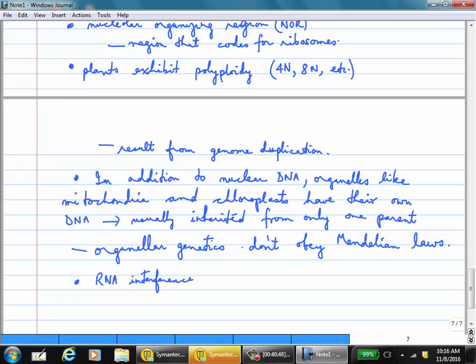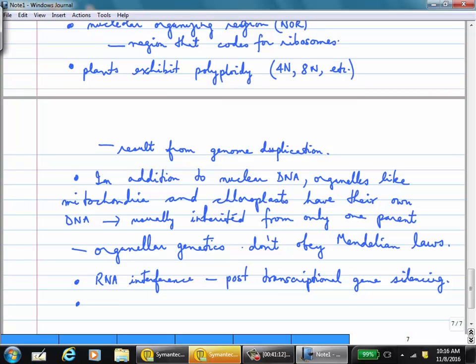So RNA interference is post-transcriptional gene silencing. This can be done in the lab. You can use RNAi technology to stop a protein from being produced even after transcription.